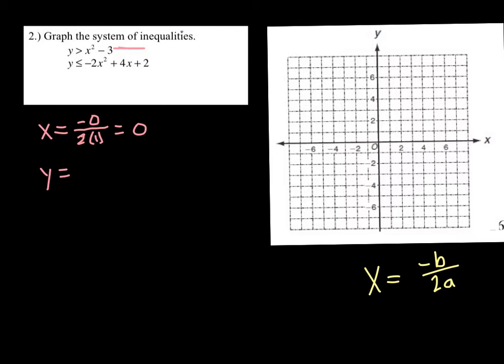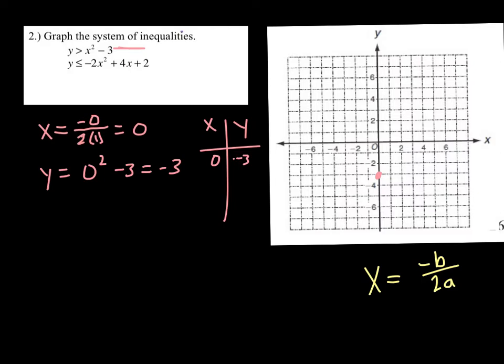So we plug in the 0 for x and get negative 3. So your vertex is at 0, negative 3. Then we just need 2 other points so we can draw this.